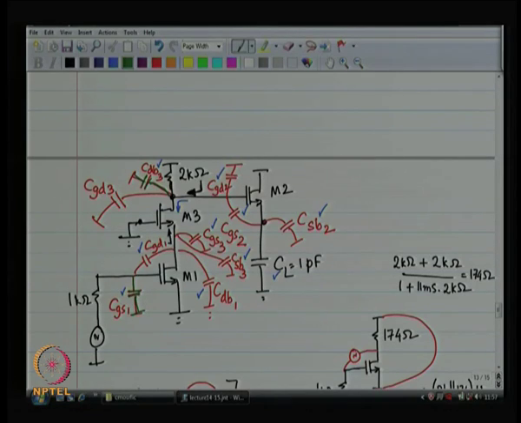How can we fix it? Device number 1 should not be seeing such a large resistance. Right now, it is seeing 1 kilo ohm resistance. How do you fix it? You add a buffer stage, right?